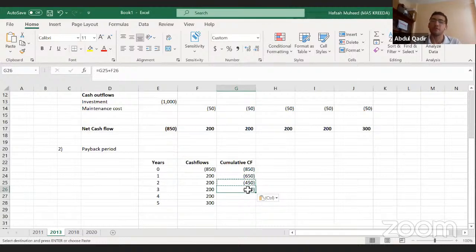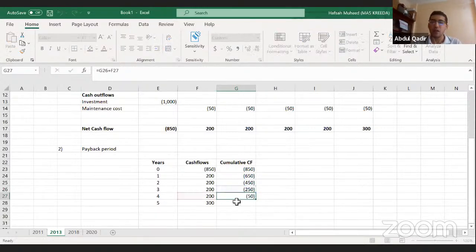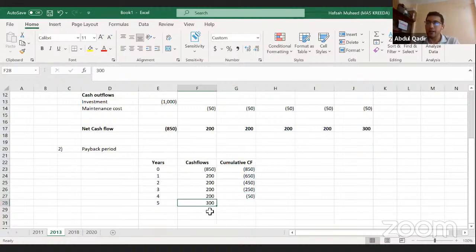You have remaining 250. Right? So you will keep doing this until you arrive at 0, closer to 0. Right? So here you have 250 left, and next year you're earning another 200. So you still haven't reached 0. Right? So now you have remaining 50. Now next year when you earn 300, your entire investment is covered and you're actually earning more than your investment, right? So you will calculate until there, right?